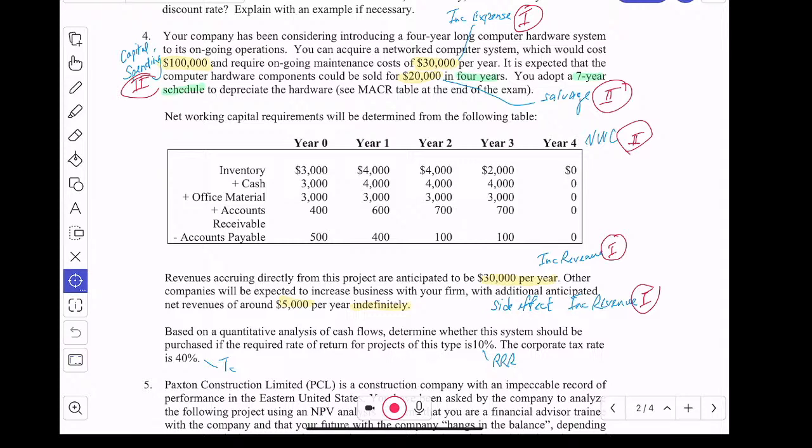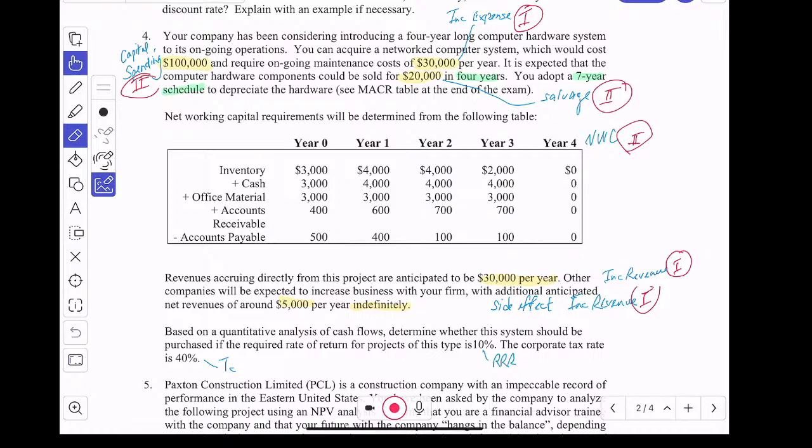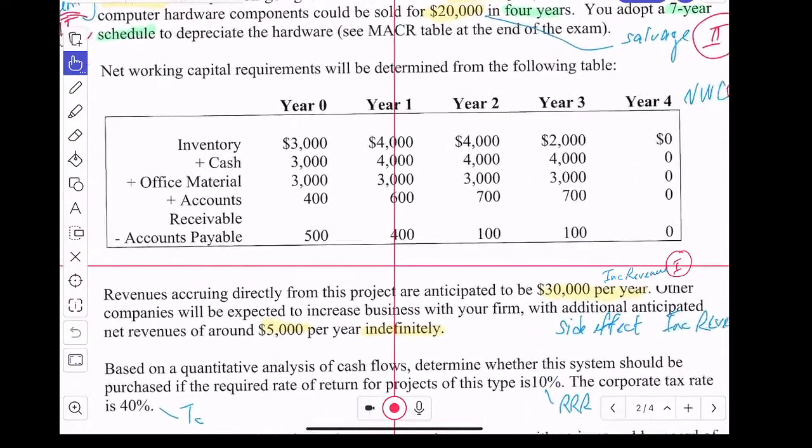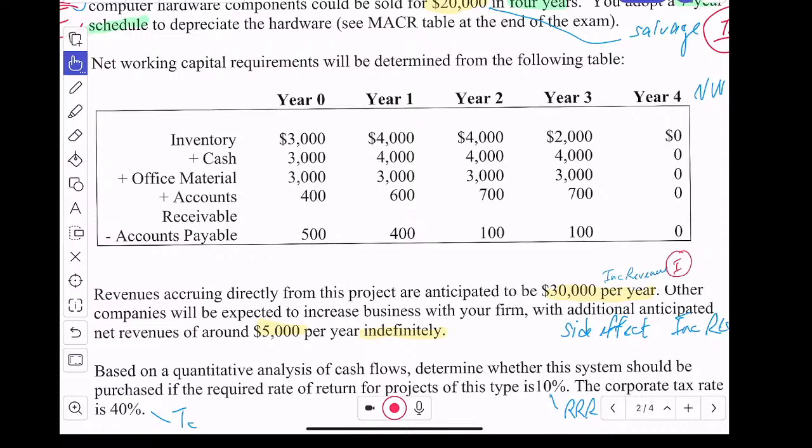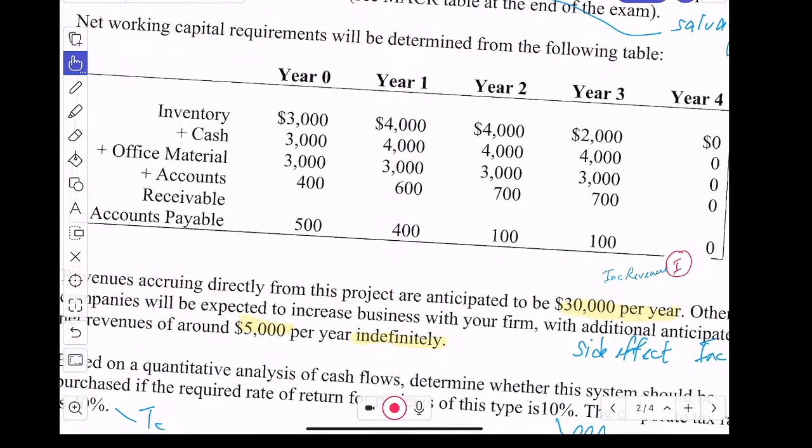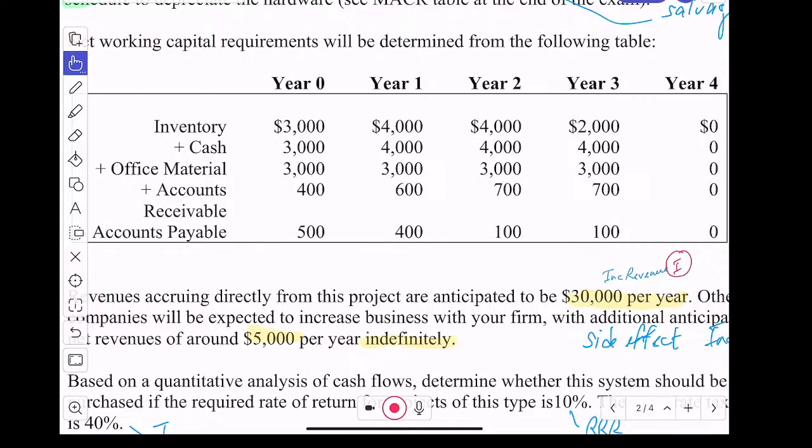So for this table, I'm going to expand it. The first step is to sum these up.